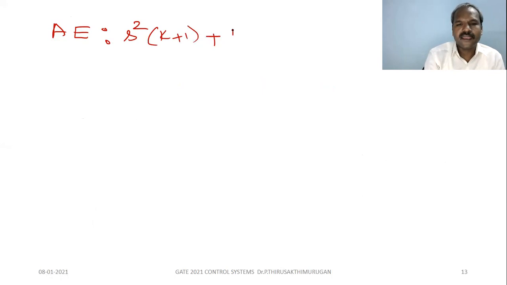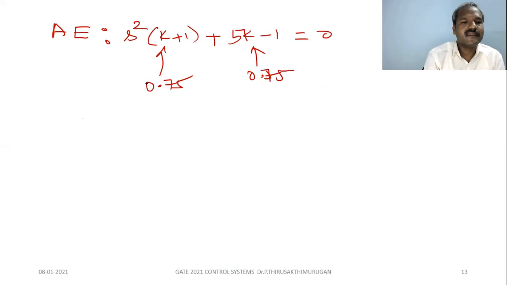So the previous row is S square (k plus 1) plus (5k minus 1) equal to 0. Now let us substitute the k value as 0.75. So it becomes 1.75, this 1 minus 0.75.